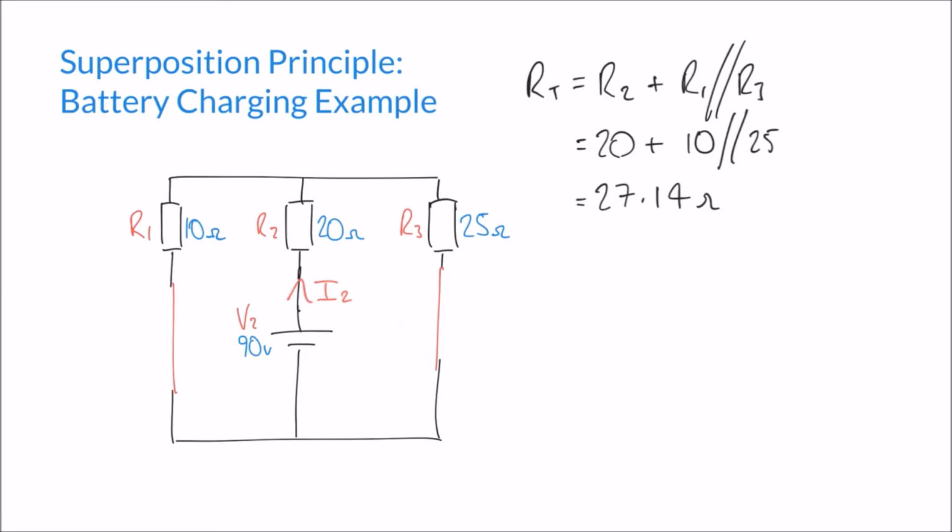So in this case it's I2 that I'm going to calculate first, and as you suspect, I2 is going to split into I1 and I3, but we'll get to that in just a second.